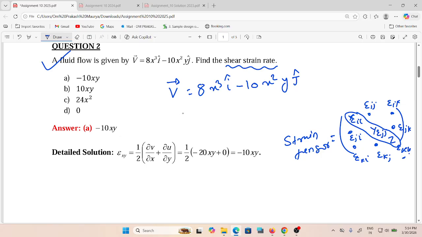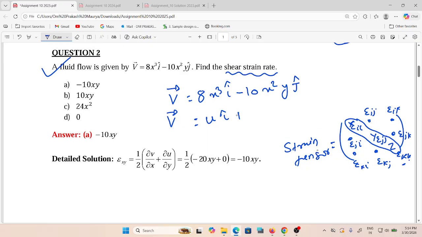So here you need to calculate your shear strain rate. So shear strain rate formula is half. Here you have your V vector, which is nothing but U i cap plus V j cap plus W k cap. So here you have only V vector.